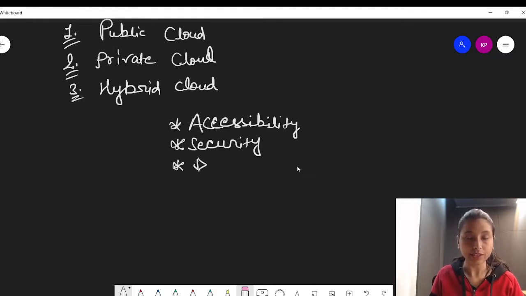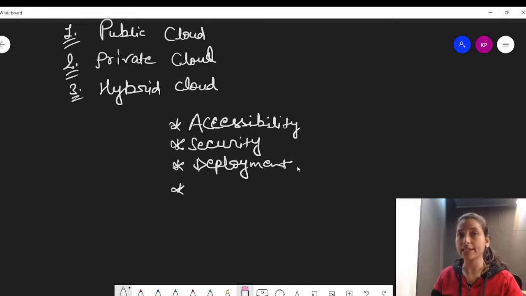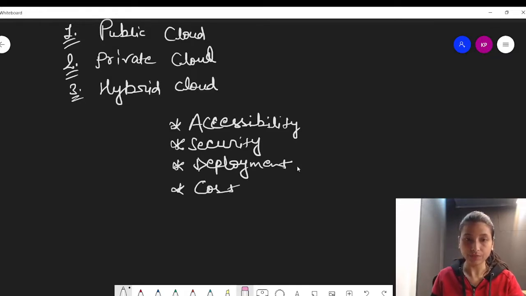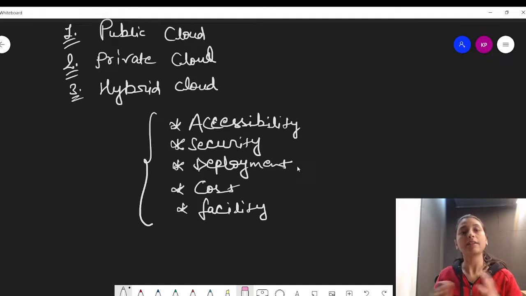The next one is deployment, which covers what kind of services the cloud is going to provide and in which way. The next one is cost, and the fifth one is facility. So these are the five features on top of which we will be differentiating between public cloud and private cloud, and at last we will look at hybrid cloud.